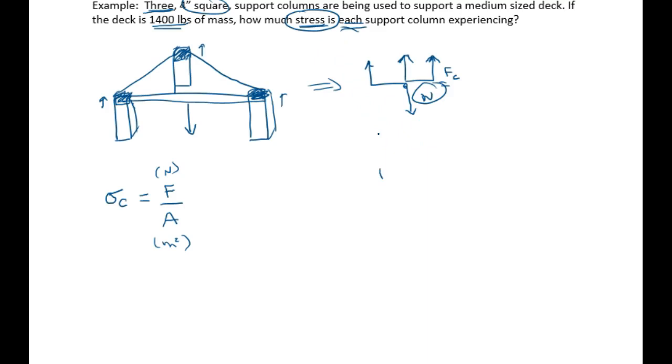So the specific force is actually going to be equivalent to weight. Our weight formula is mass times gravity. We already know that gravity is a constant, so we need our mass value, and we do have a mass. But it's important to note that it's in pounds, so we are going to have to do a conversion before we plug into our weight formula.